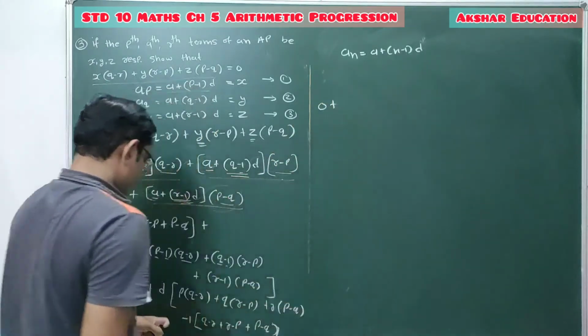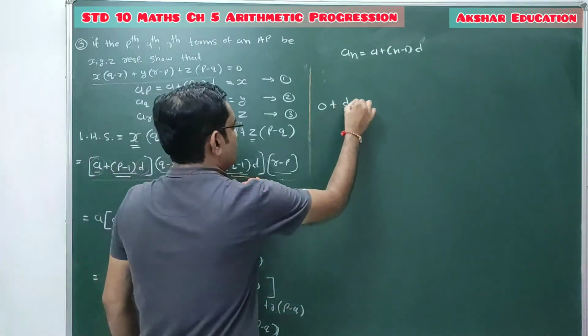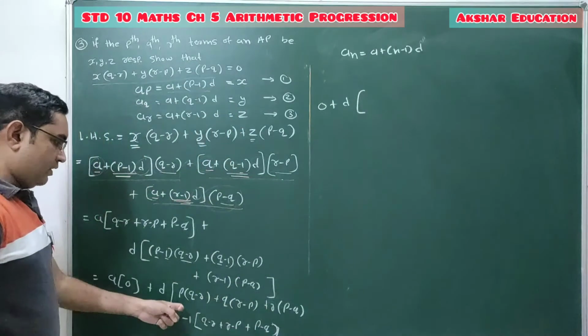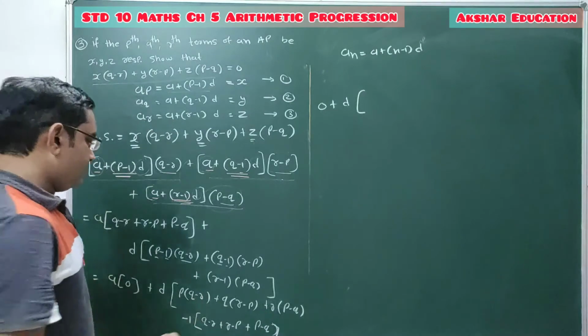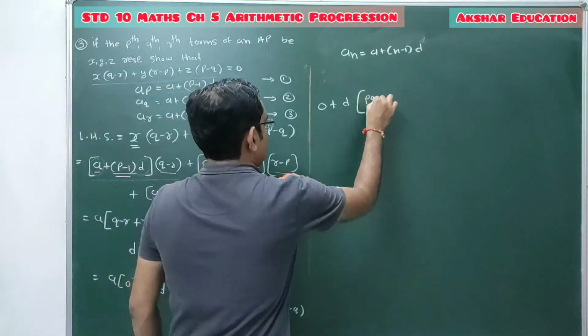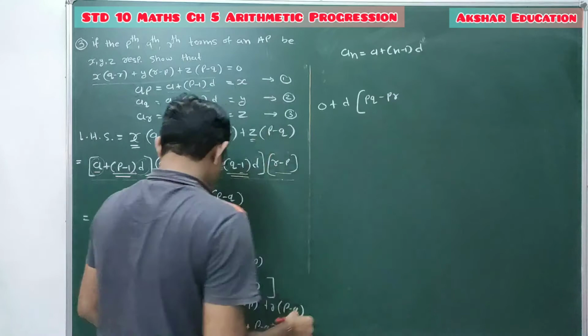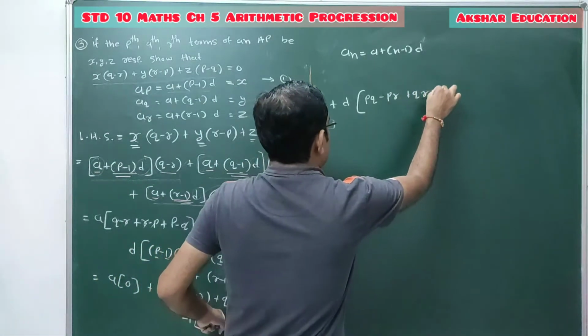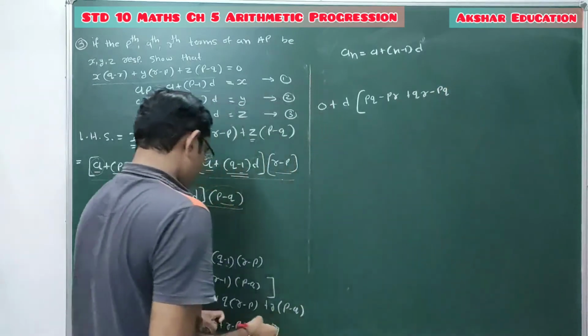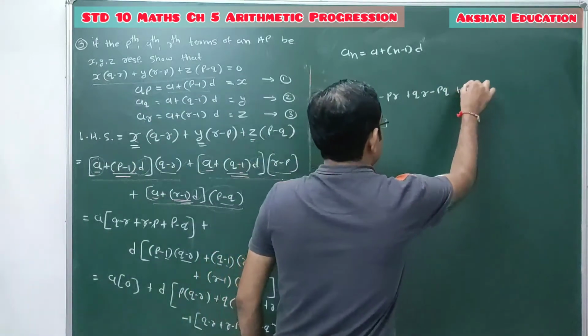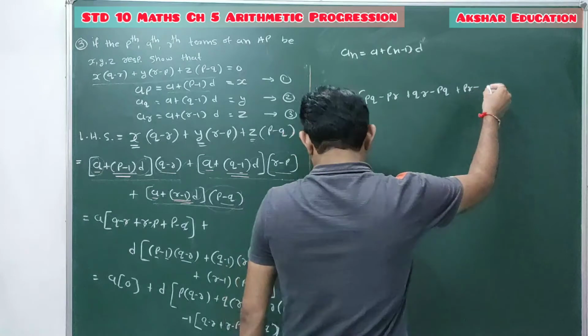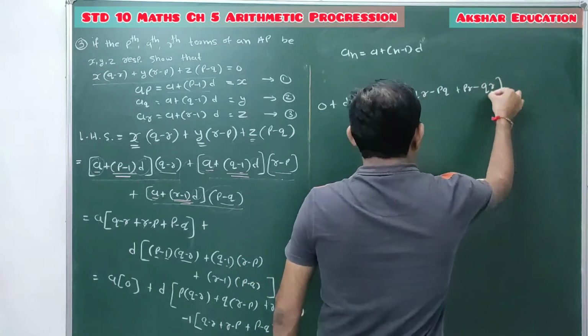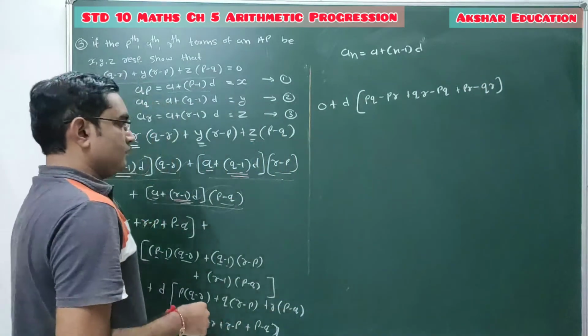Now 0 plus d into, in the bracket the multiplication is pq minus pr plus qr minus pq plus pr minus qr. Done?